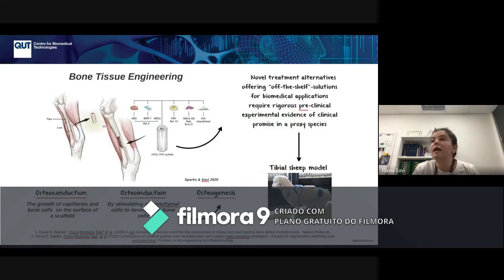Our group has already completed extensive research using large and small animals using 3D printed techniques.